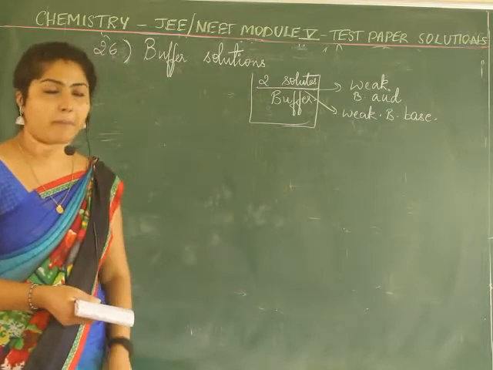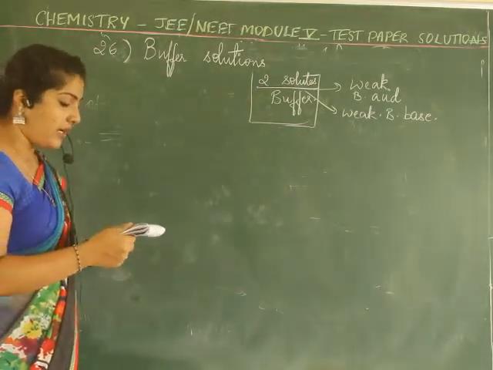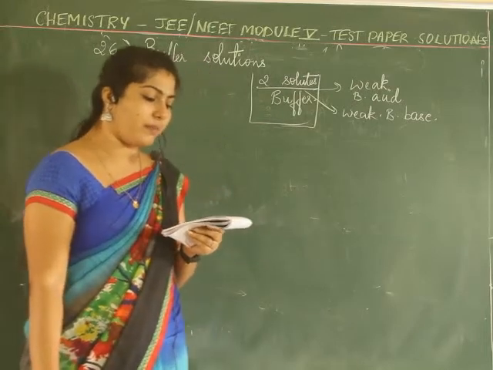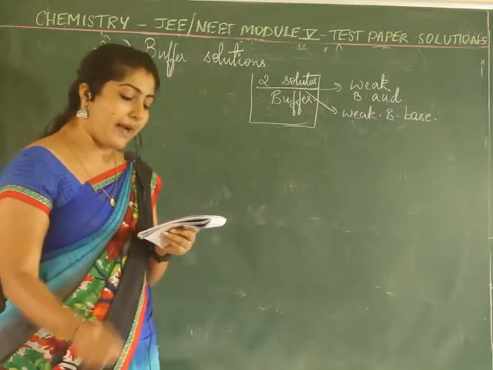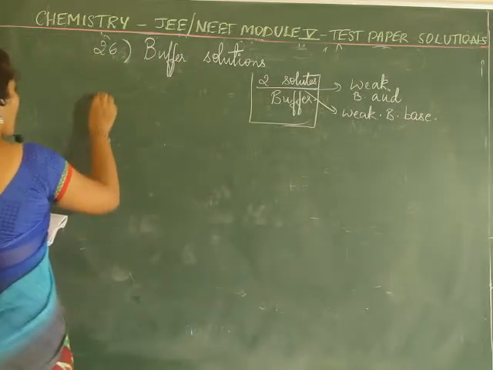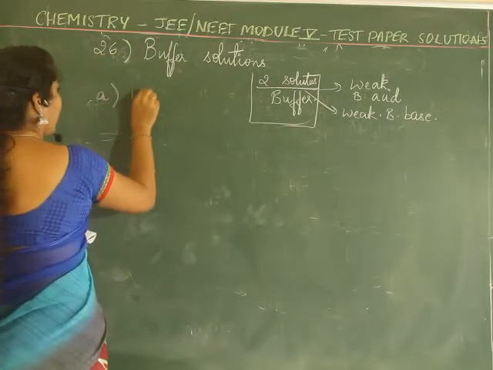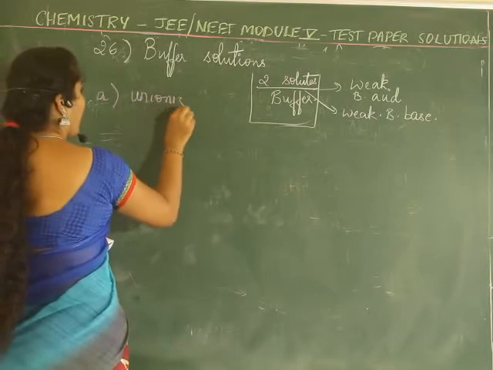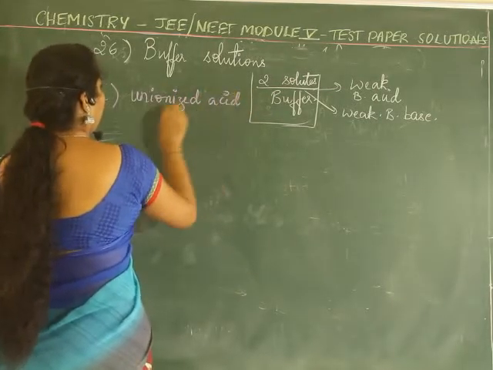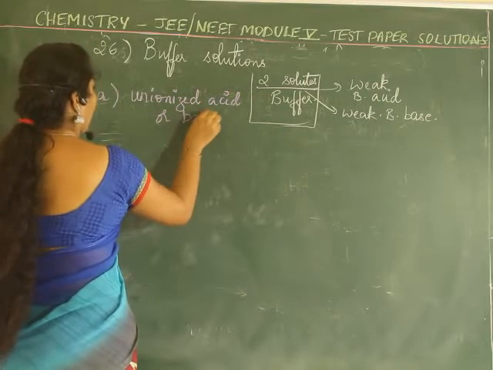That is the thing. Now the options are, these give unionized acid or base on reaction with added acid or alkali. Yes, that is the right option. So option A says it forms unionized acid or base, isn't it?